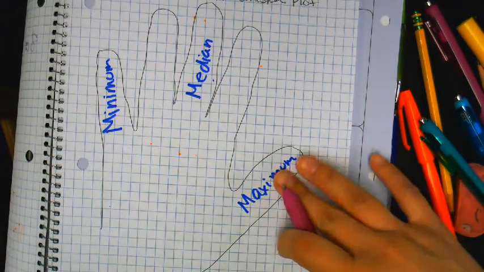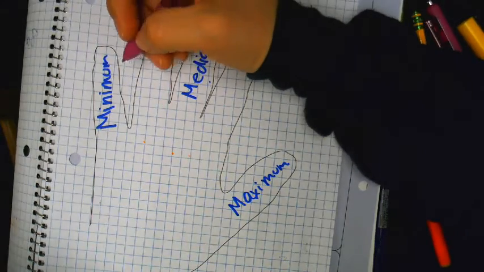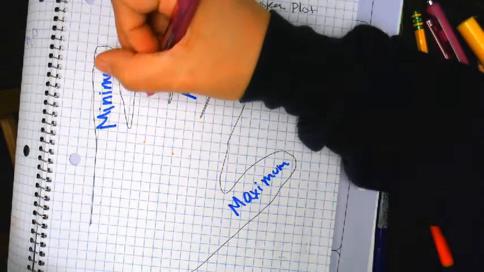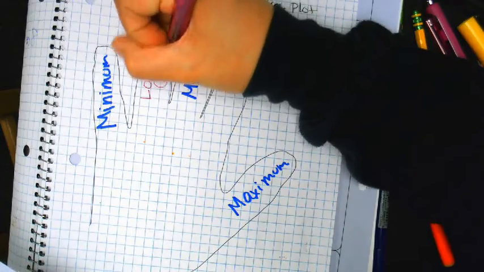All right. Now, your ring finger is called your lower quartile.